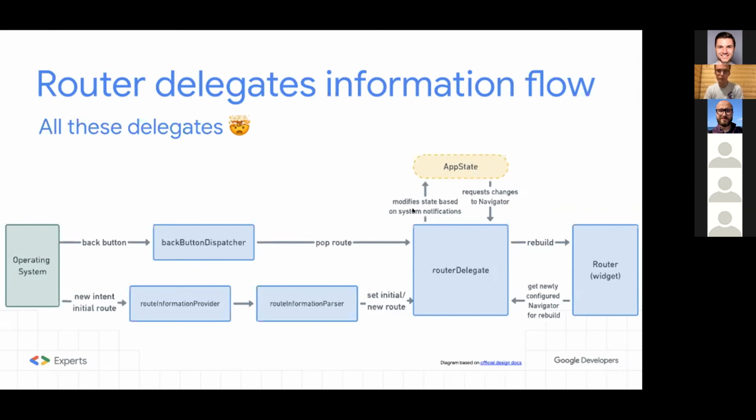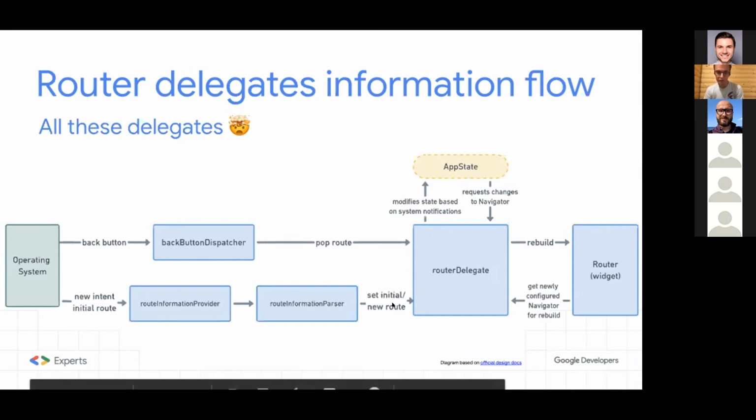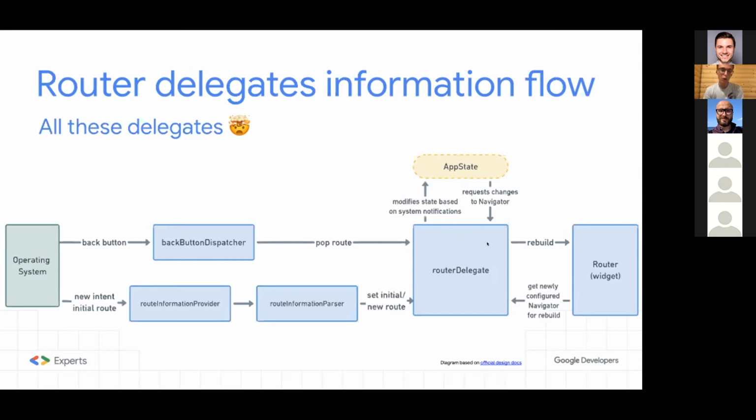So if the router modifies state based on a system notification, like a back button or new intent, it will modify the app state. You have to define how to do it. And then the app state can request some changes. So let's say you received a new push notification, you can say, okay, I received the push notification, open the chat message or whatever.